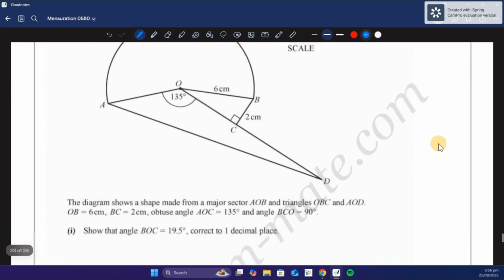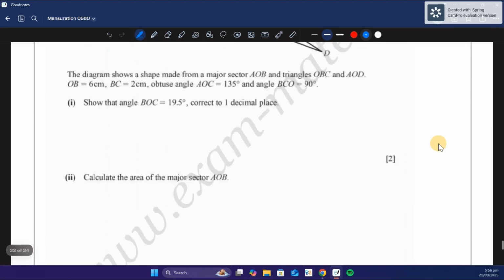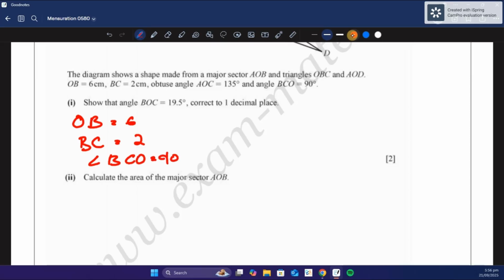Alright, question number 46, which is our last question for the day. Show that angle BOC is 19.5. Okay, so OB is 6, BC is 2, and the angle BCO is 90. So we're simply going to use sine.